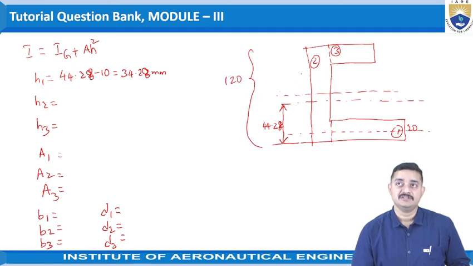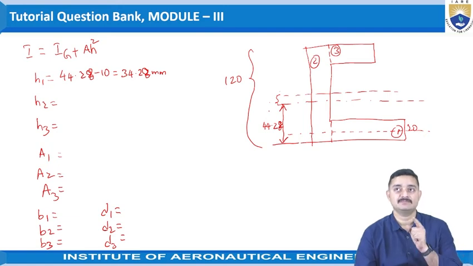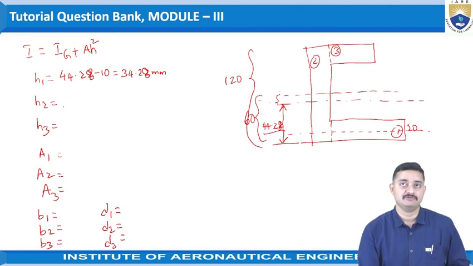And from this 120, if we take this distance, we will be obtaining the distance between the centroidal axis and the reference axis. So this distance can be obtained as this total 60 minus this 44.28. So that would be 60 minus 44.28, which is 15.72 millimeters.